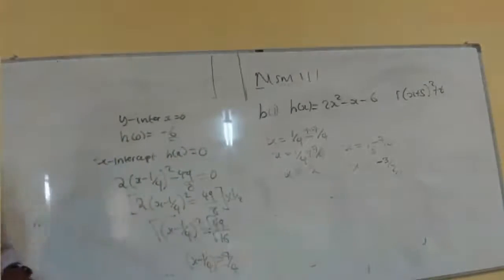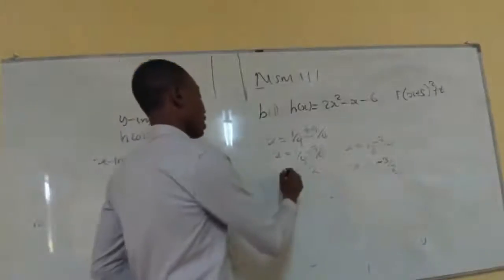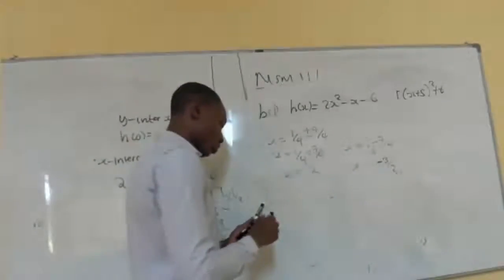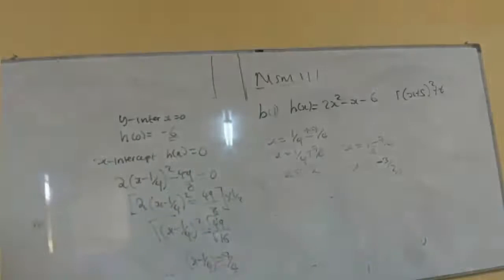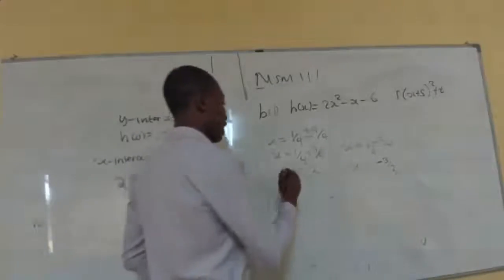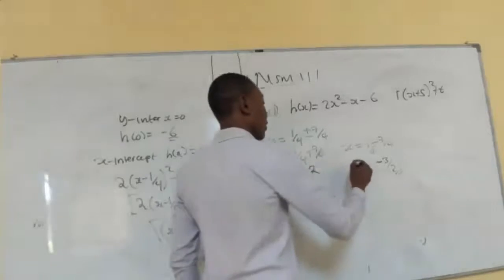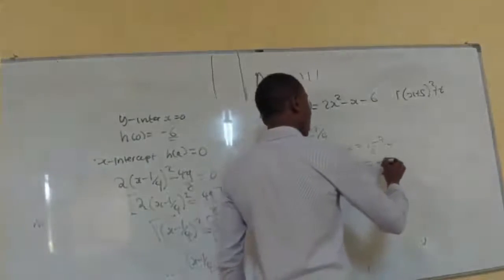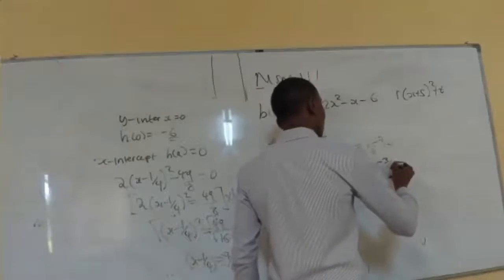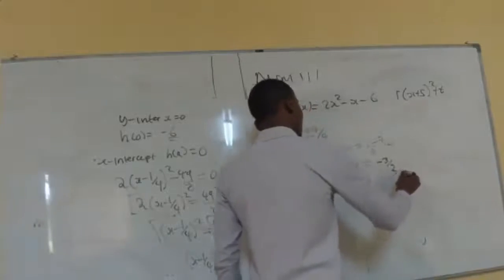We have x is equals to 2, we also have x is equals to negative 3 over 2.